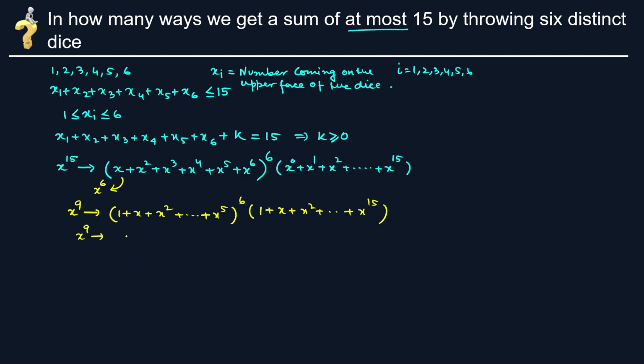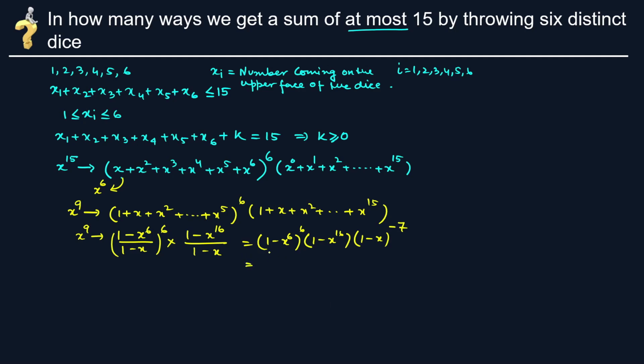This is in GP. So let me just apply the GP formula. Whole to the power 6 into 1 minus x to the power 16 divided by 1 minus x. So that gives us 1 minus x to the power 6 whole to the power 6 into 1 minus x to the power 16 into (1 minus x) whole to the power minus 7, right?